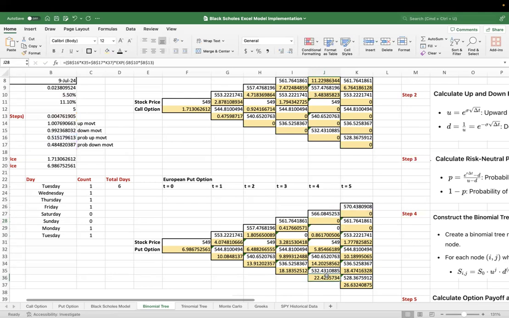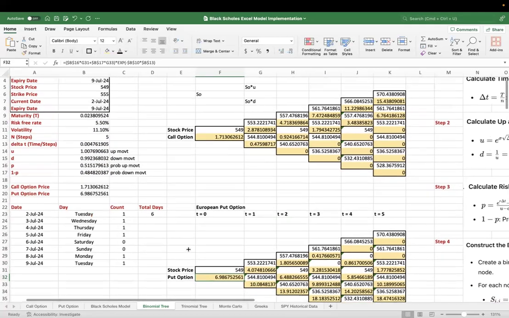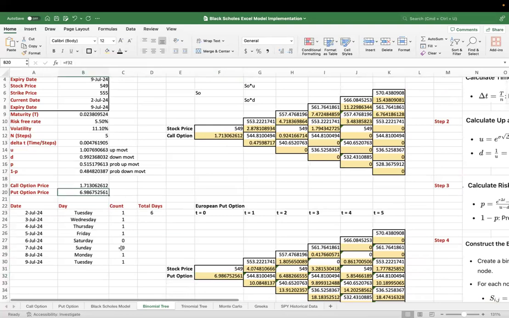Similarly, this is P times the up value plus 1 minus P times the down value, discounted. Once you do this, you'll back propagate it, and in the end you'll see P times G31, which is the up value, plus 1 minus P times the down value. This is how you arrive at the put option price, which is 6.98.